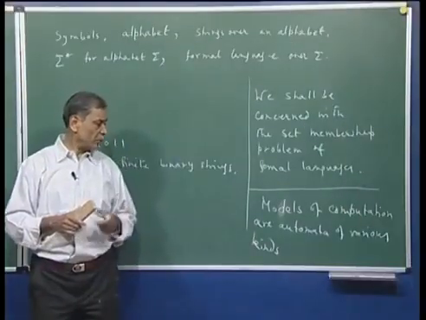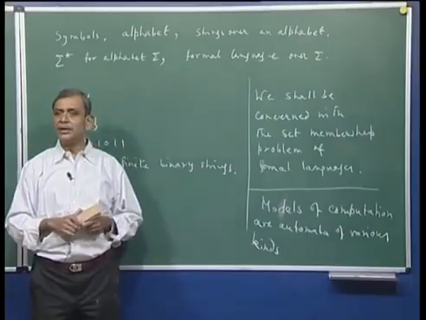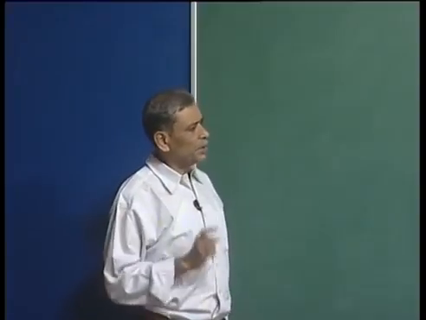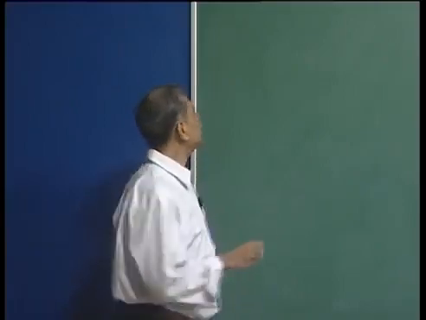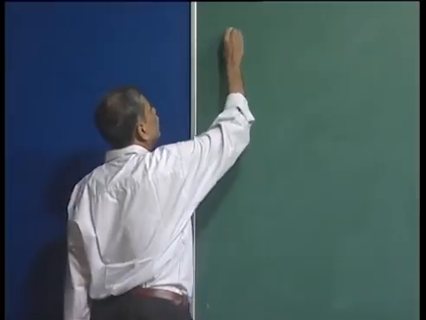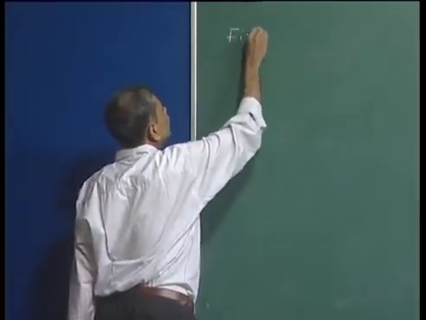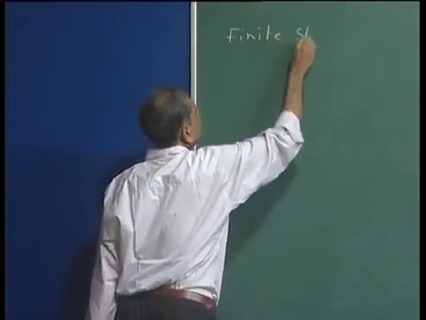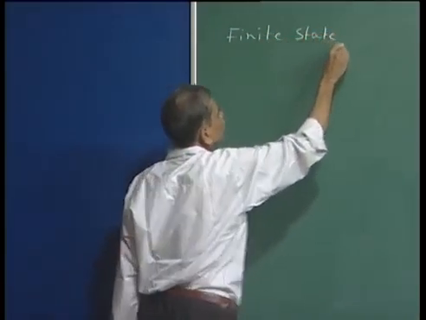The kinds of automata that we are going to see, we'll start with a very simple class of automata. They are called finite state automata.